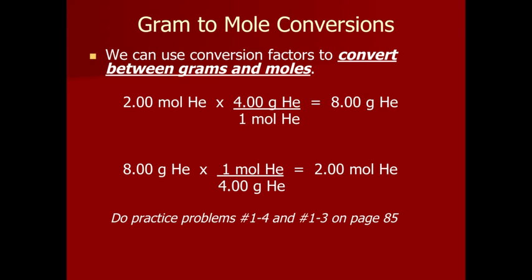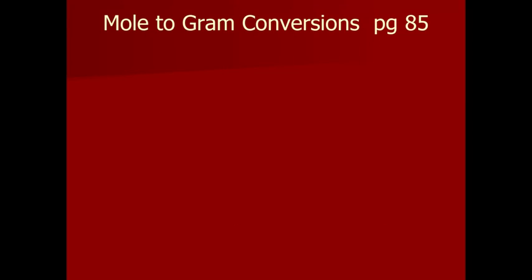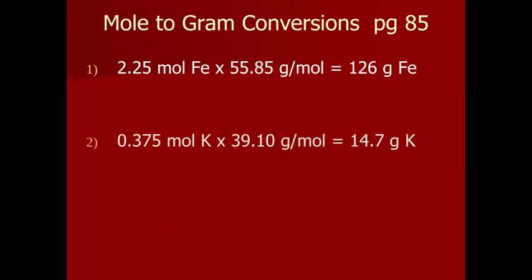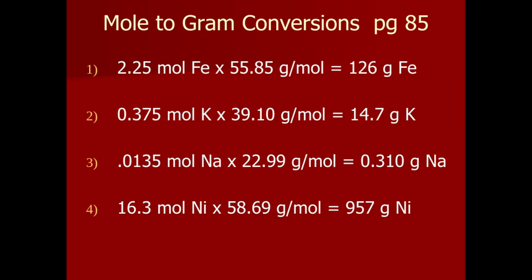If I want to know backwards how many moles of helium there are, I can divide by that 4.00 and get 2 moles of helium. Now, there are some practice problems if you would like to try that out, on page 85 of your book. You can do those practice problems. So here are some more examples I'm going over.